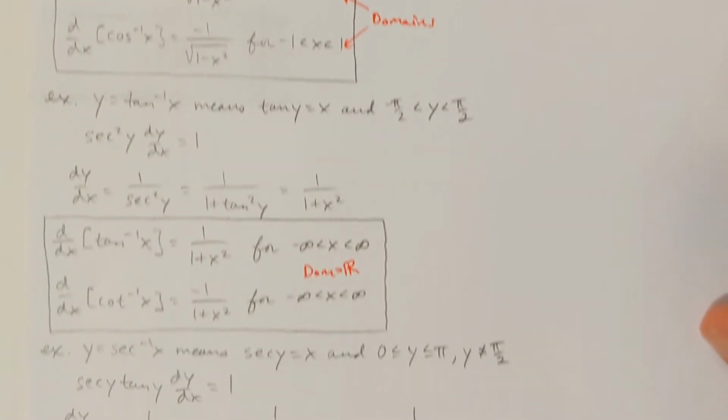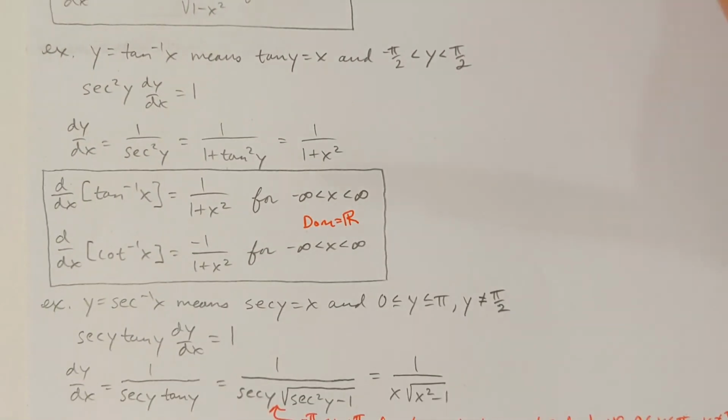Okay, how about y equals tangent inverse of x? Well, that means that tangent of y equals x. The condition on the graph of the tangent inverse curve is that y is ranging between negative pi over 2 and pi over 2. Remember, that's the one with two horizontal asymptotes on it. That's the one that I've mentioned a couple of times you should know the graph of, okay?